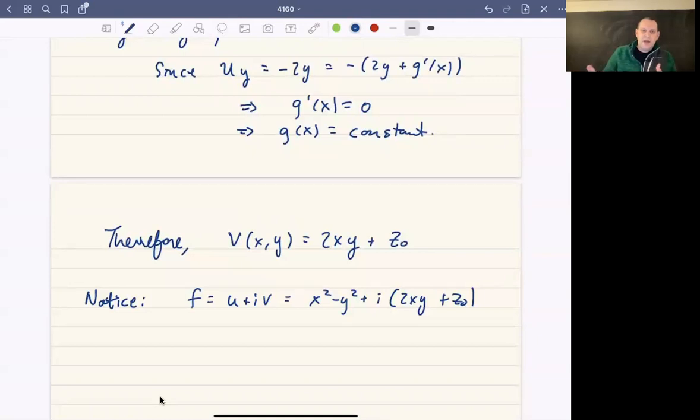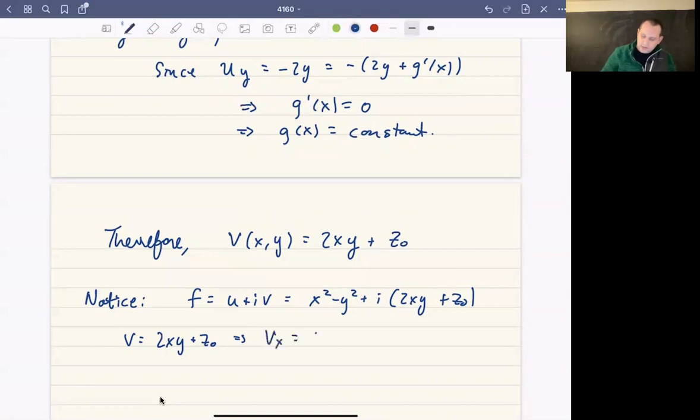But also V happens to be harmonic. So we can verify that V is harmonic. If V is 2xy plus a constant, and we differentiate with respect to x, we end up with 2y.